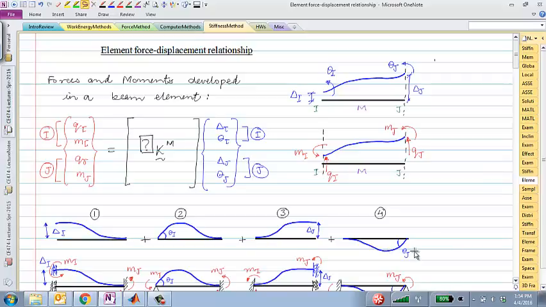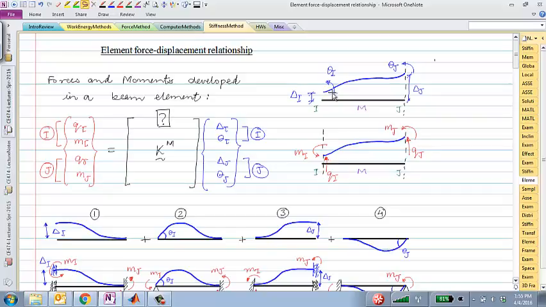Let me ask you this. What would be the size of this matrix? 4 cross 4. Yeah, so we have four displacement and rotation degrees of freedom, and four forces and moments, which was actually exactly the same size for a truss element as well, right? There were 2 degrees of freedom per node for a truss element.